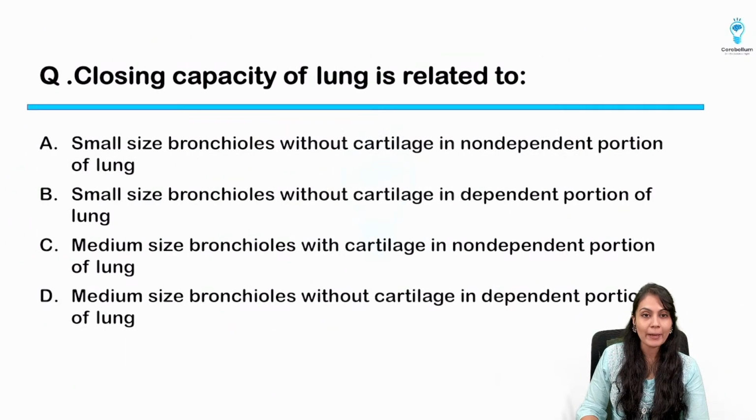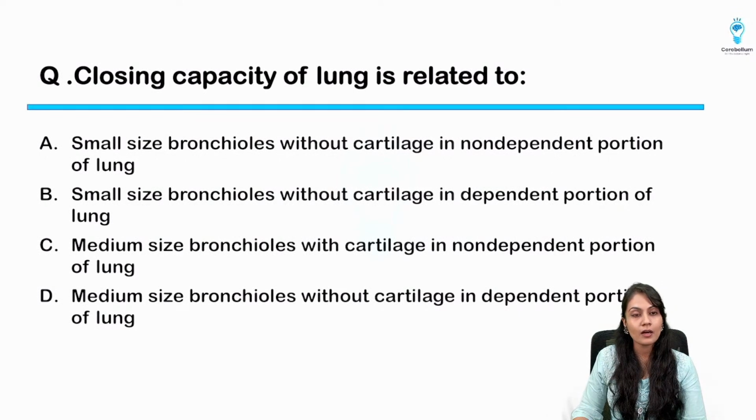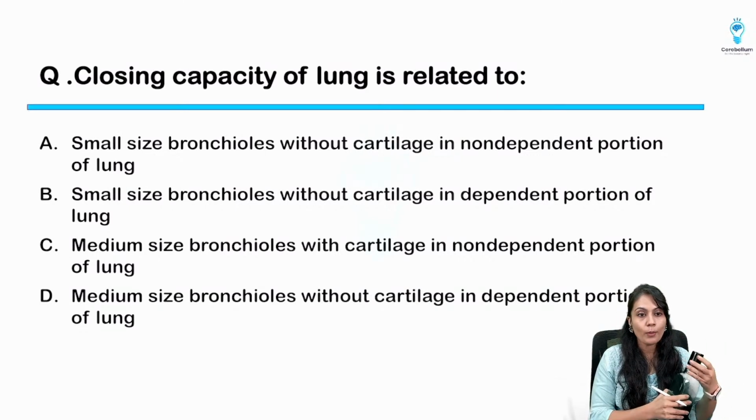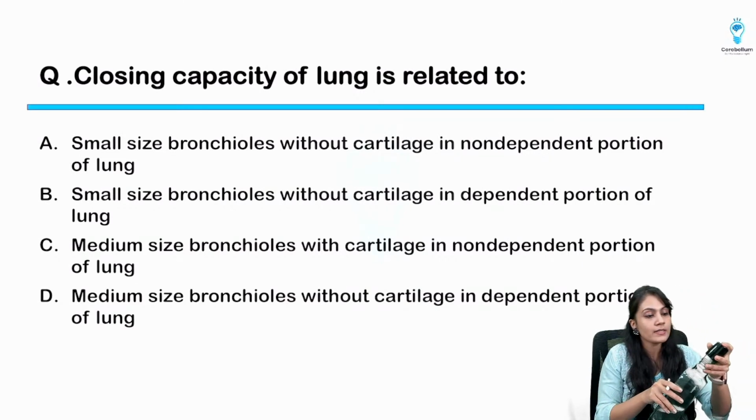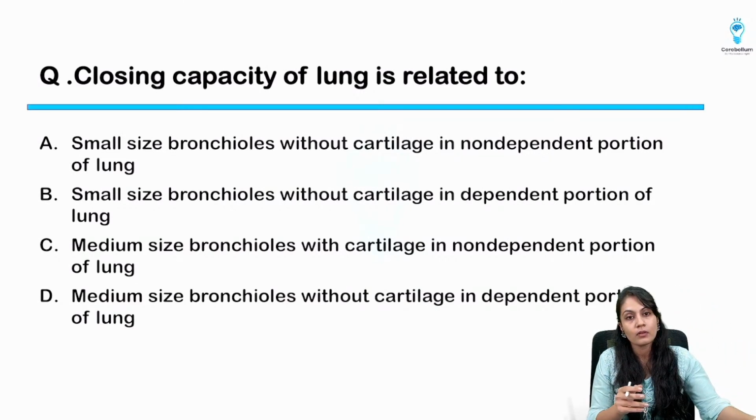Okay, closing capacity. You can give me this answer by the discussed concept too. So give me the answer of this. I'm waiting for it. Two options you can just exclude. Why? Because medium sized bronchioles are not going to be discussed in the CV or CC, right? We always discuss the small ones. So two options are already out.